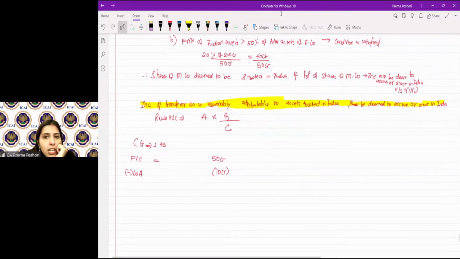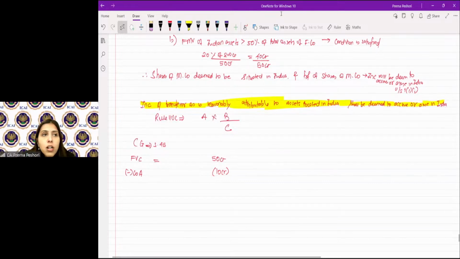So what is the period of holding that you have considered? 12 months, 24 months. Yes, faster students. I need the answers. This is very simple. Nobody is able to give the answer. Students, 24 months is the period of holding, isn't it?